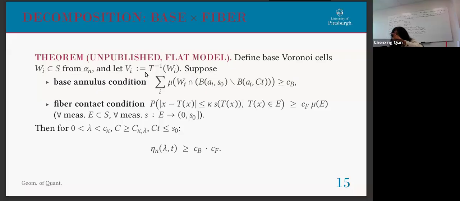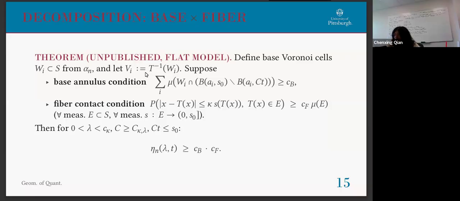First, we denote the base annulus condition here. It's the summation of the probability of an annulus intersecting with the inverse image of the Voronoi cell, which means mu has to have enough mass at a moderate radius around each quantizer element.